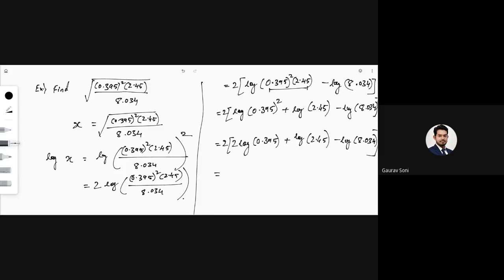Now I can find out the values. So let's do it quickly. So 2 times log of 0.395. What is the characteristic of this? It's a decimal number. How many zeros are there after the decimal point? None. Sir, it will be -1. -1 is the characteristic.